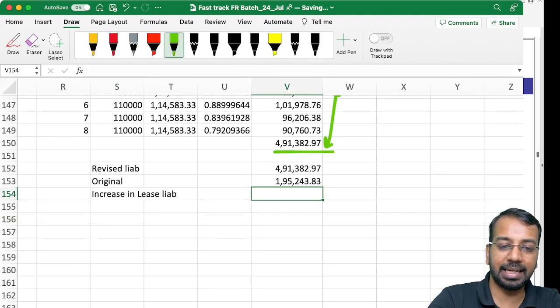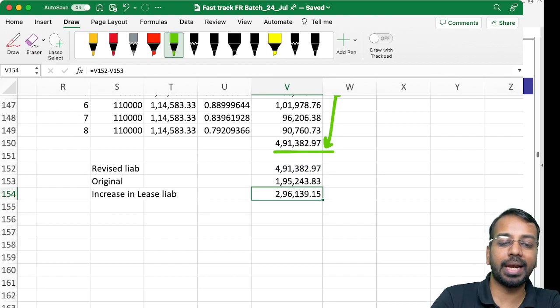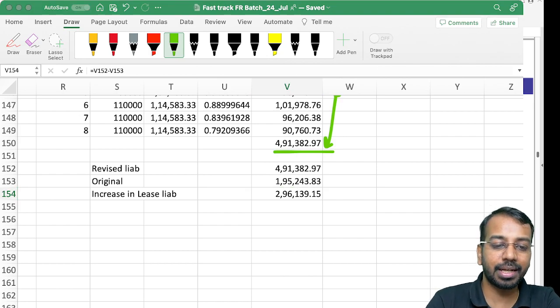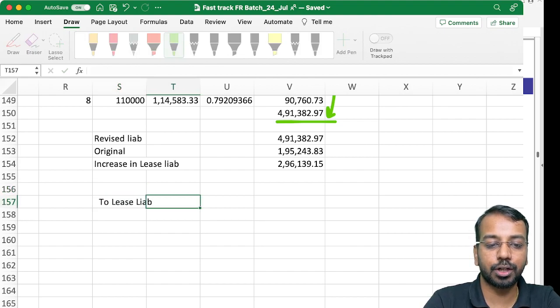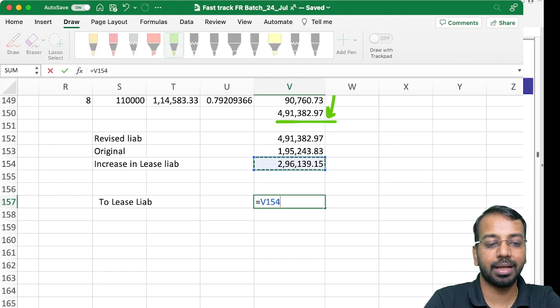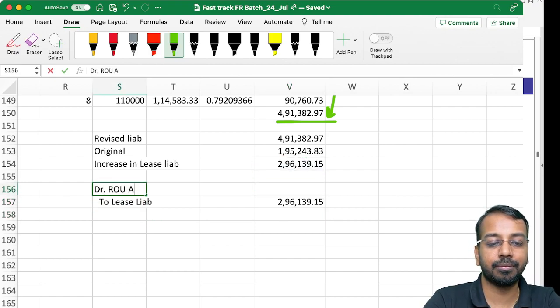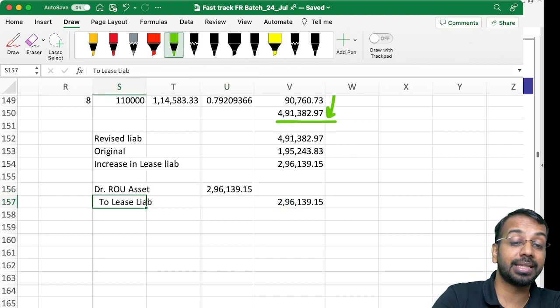So the increase in lease liability is 491 minus 195, which is 296,139. You will credit the lease liability by 296,139. Correspondingly, you will increase the ROU asset by 296,139. This is how you will increase the liability.